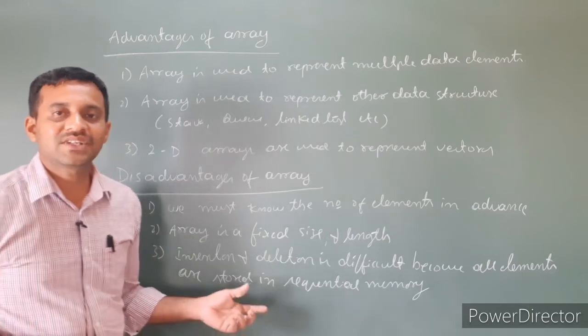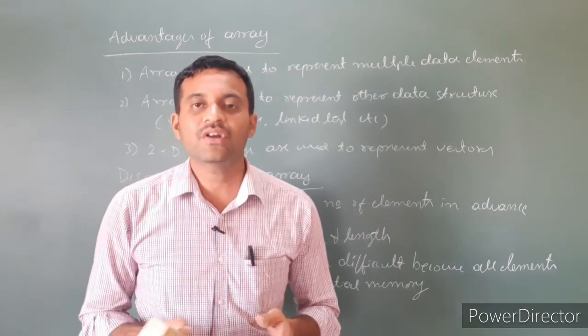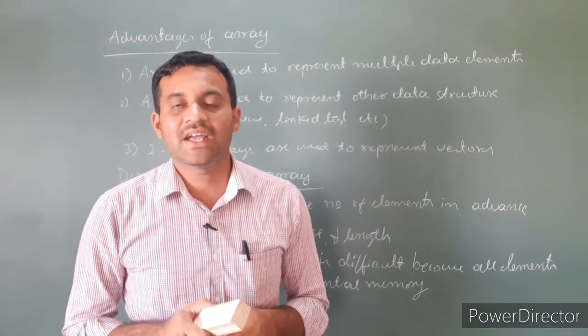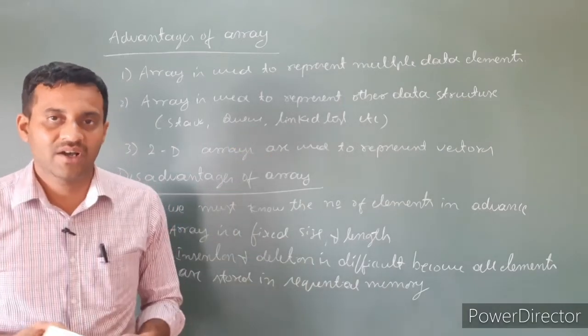Hence, insertion and deletion of an element is time consuming. It takes more time, or sometimes it is difficult to insert and delete an element. So these are the advantages and disadvantages of arrays.